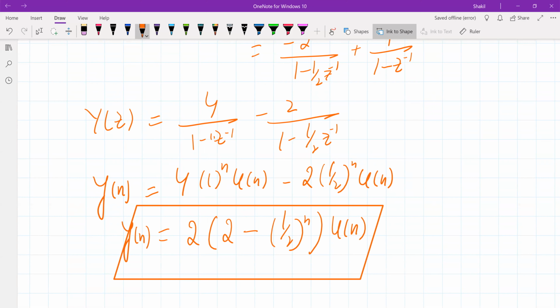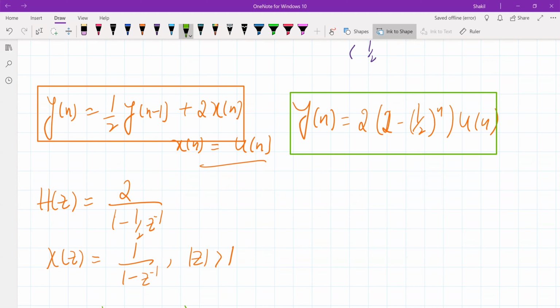In other words, you can use the Z transform to obtain the output of the system described by this difference equation. I hope you have understood it. Please go through this one more time at your own pace and check the calculations of A and B. So this is about the Z transform, and this concludes the Z transform section.